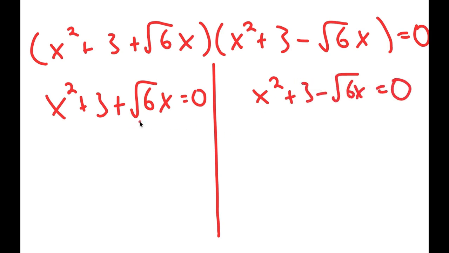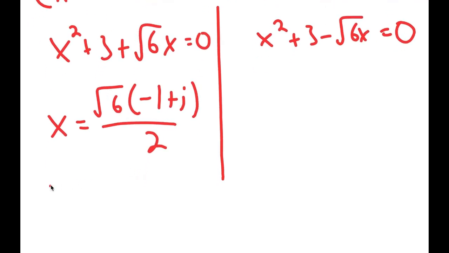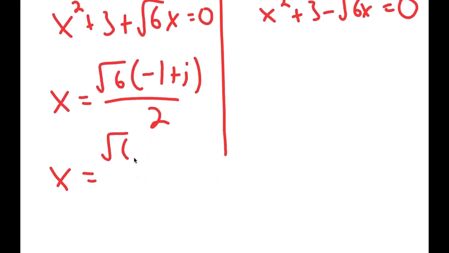So because both of these are quadratic equations, you can use the quadratic formula to solve them. I'm actually not going to do that in the video, but you can try that yourself. You should get that x is equal to the square root of 6 times (negative 1 plus i) over 2, and x is also equal to the square root of 6 times (negative 1 minus i) over 2.